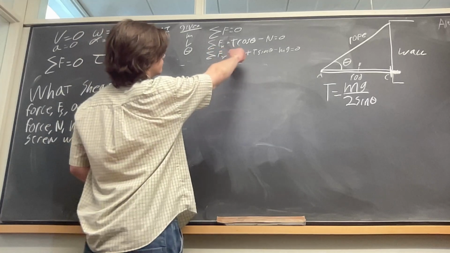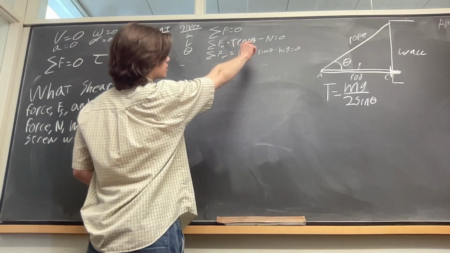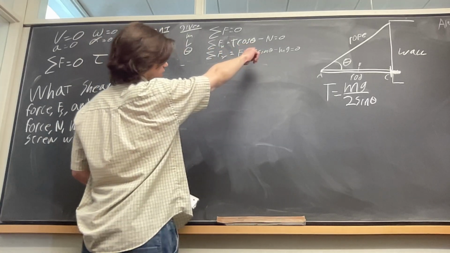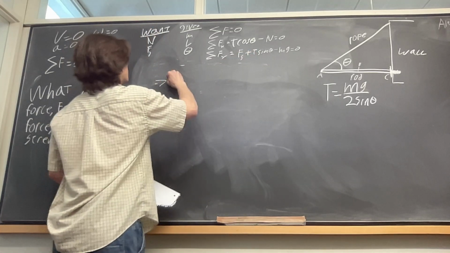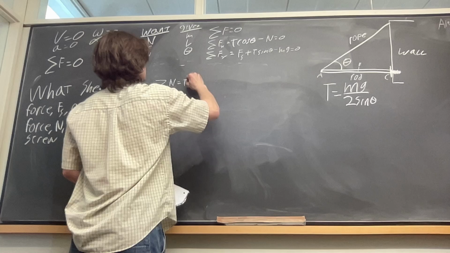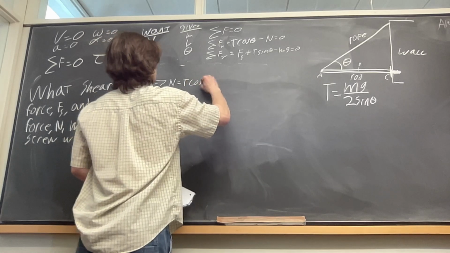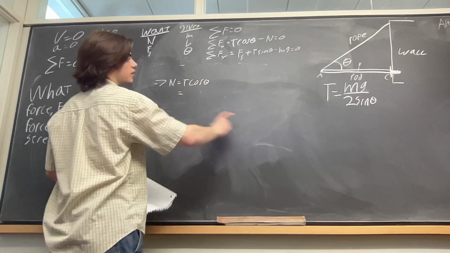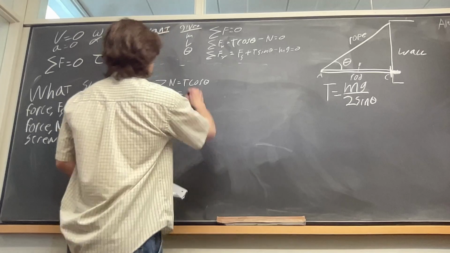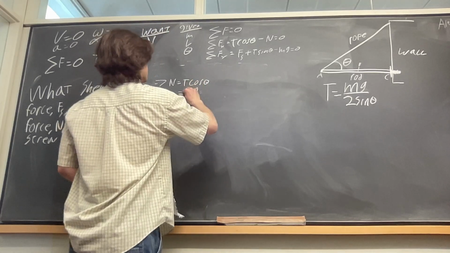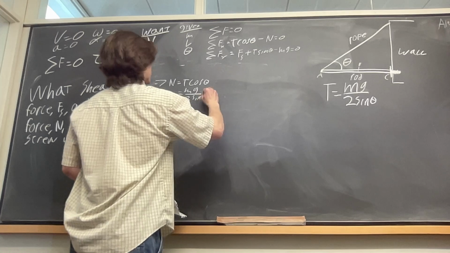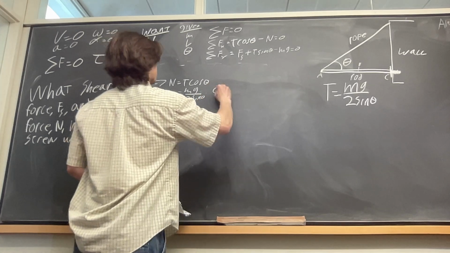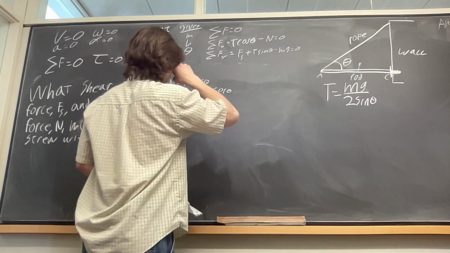All right, so let's start with finding our normal force. We already have T cosine theta minus N equals 0, so we can rearrange that to be N equals T cosine theta, and when we plug in the tension that we just solved for, that comes out to mg over 2 sine theta times cosine of theta.